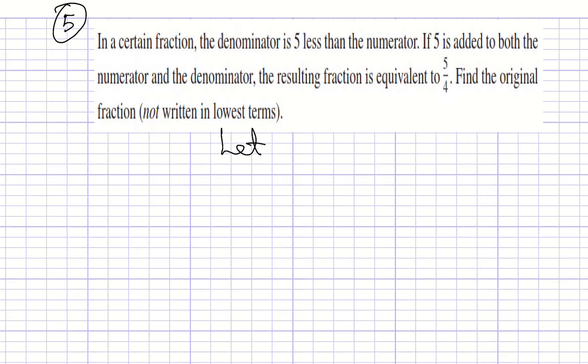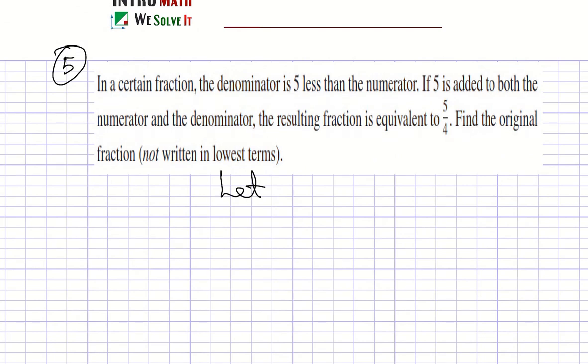Okay, what do we do? Hang on. Note you will find the original fraction. You cannot say let x be the fraction. No. You gotta see when they start comparing, pay attention there. The denominator is 5 less than the numerator. You see that, right?